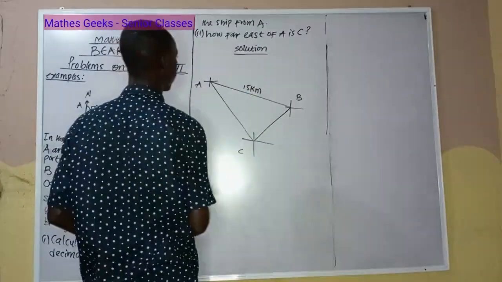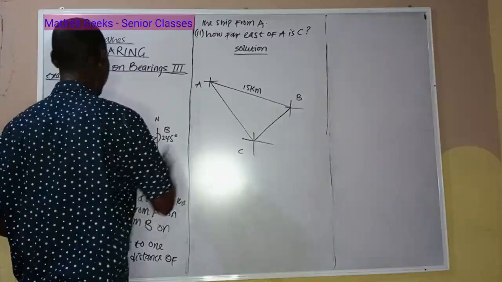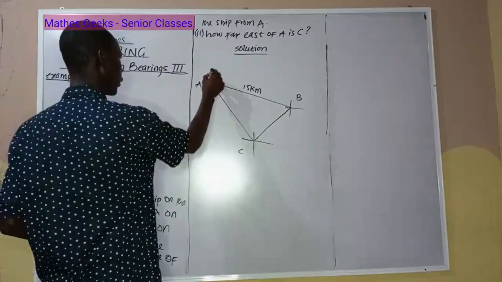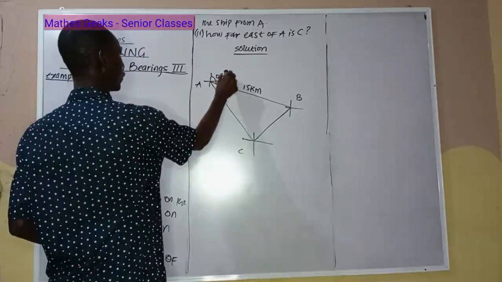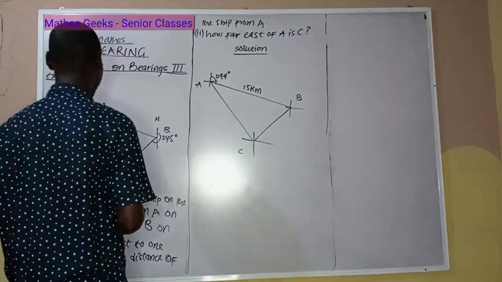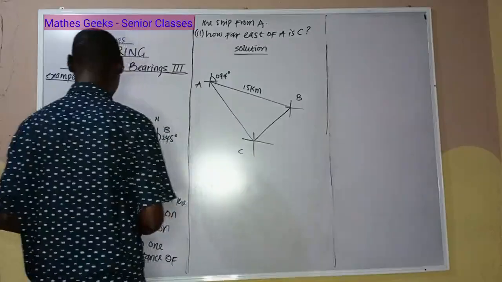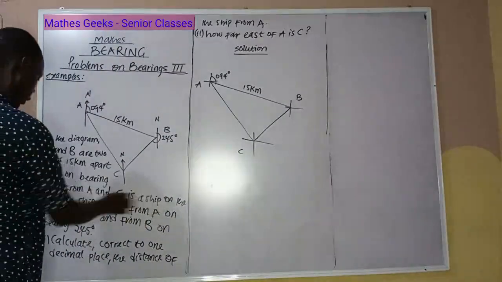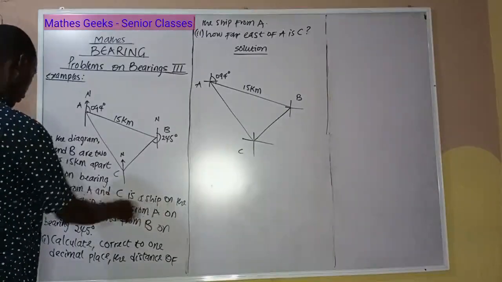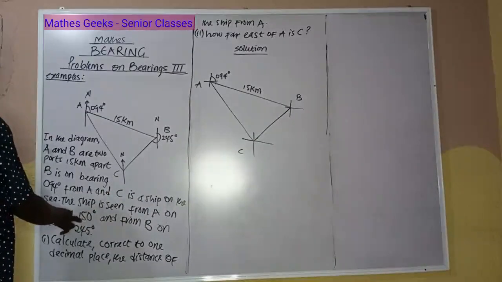The ports are 15 kilometers apart. So from A, the bearing of B from A is 94 degrees. The ship is seen from A on bearing 150 degrees.